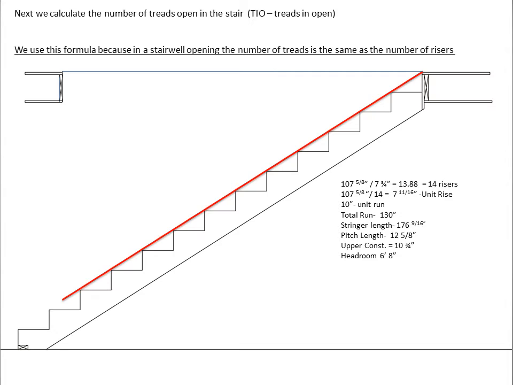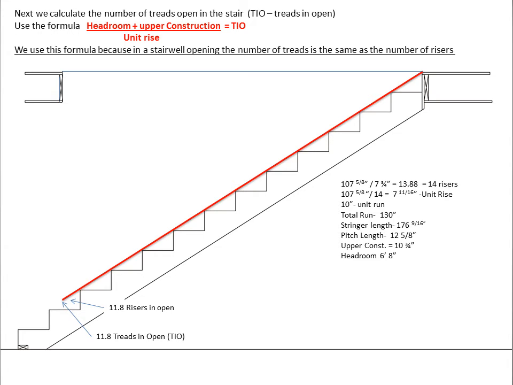We can now calculate the number of treads that are in the open of the stairwell opening. Our formula for the treads in open is headroom plus upper construction divided by unit rise. In a stairwell opening, the number of risers in open is the same as the number of treads in open.